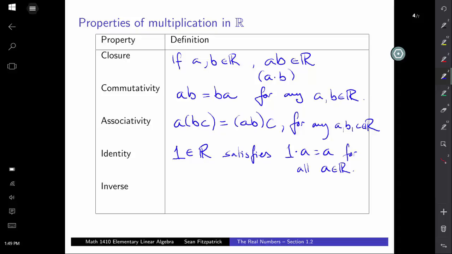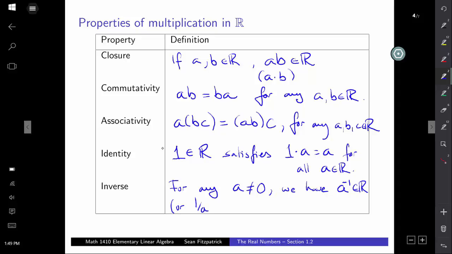And the rule for the inverse says that if I have any non-zero real number, then there is going to be a new number, often written like this, a to the exponent of -1, and you might also write it as a reciprocal 1 over a.